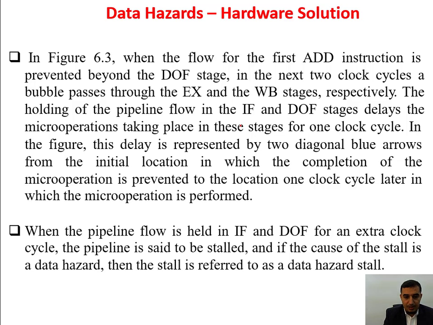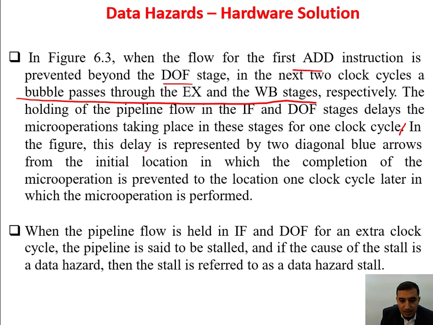So figure 6.3 shows that when the flow for the add instruction is prevented beyond the decode operand fetch, the next 2 clock cycles are bubbles passed through the execution and write back stages, respectively. The holding of the pipeline flow in the instruction fetch and decode operand fetch stage delays the micro operations by 1 cycle.